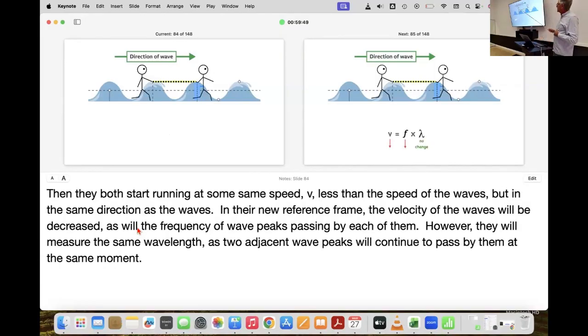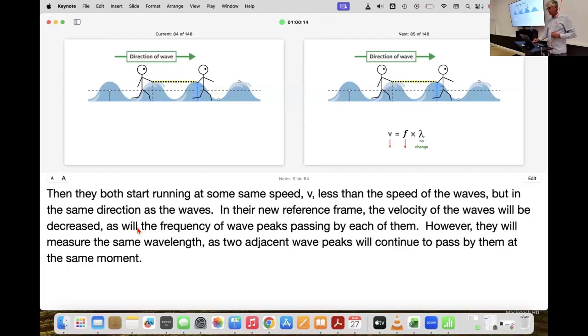And what they find, and I think you can imagine this, is that as long as they're running at the exact same speed and maintain the same distance, they're still going to show that the wavelength, in other words the distance between crests, is the same. So they get the same value for the wavelength, regardless of whether they're moving relative to the wave motion.